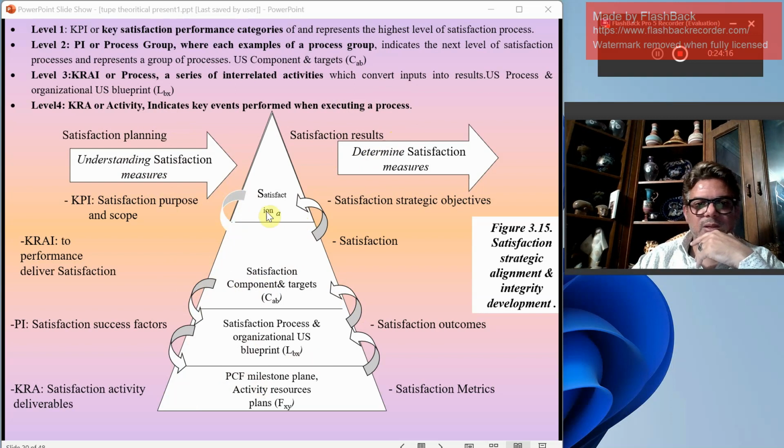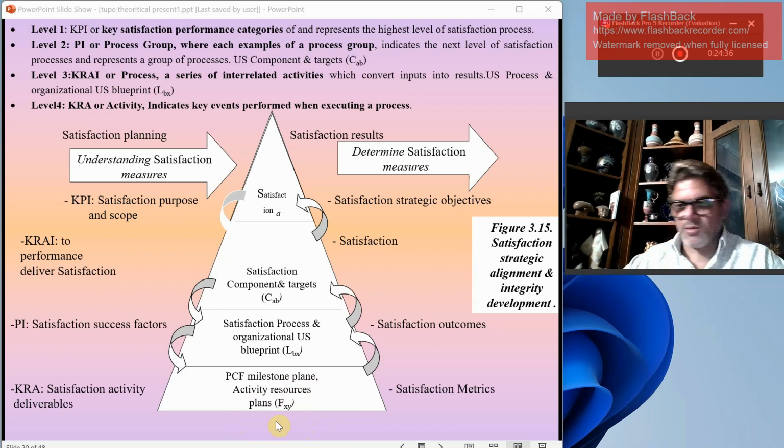Okay, so this is the satisfaction, which is independent and ambiguous. And this is the performance classification framework, milestone plan, activity resources plans, which is the framework. But under here is everyday operations.